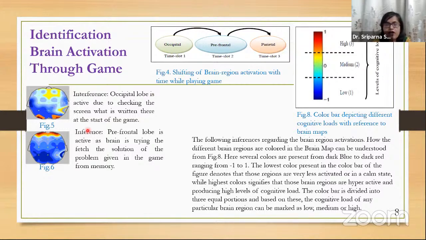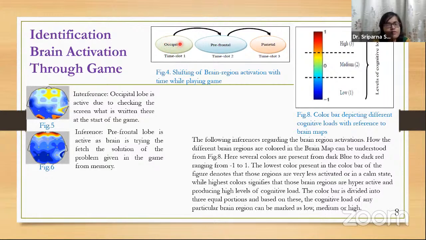You need to match the colors to the brain map. Blue is the low activation region, this is the medial activation region, and the red and orange are the highly activated regions. So the prefrontal lobe is activated.